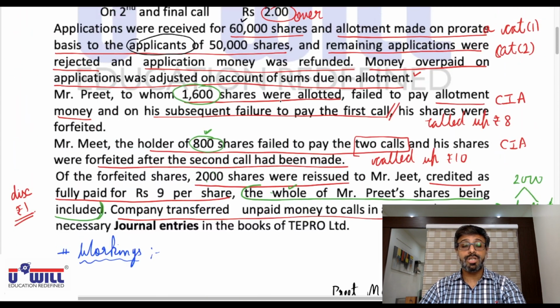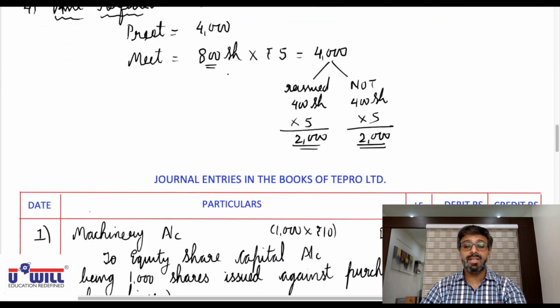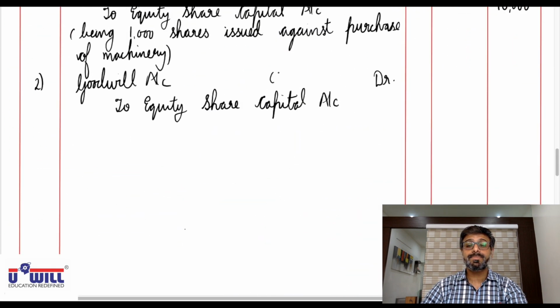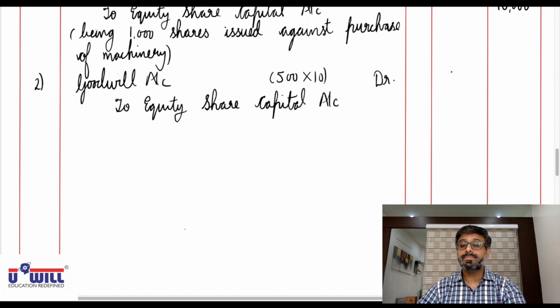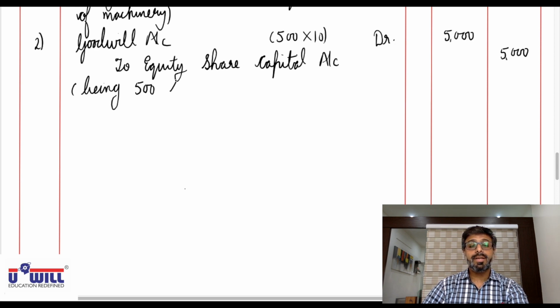What is the value of shares? 500 shares, so 500 into 10, 5,000. Being 500 shares issued to promoters.